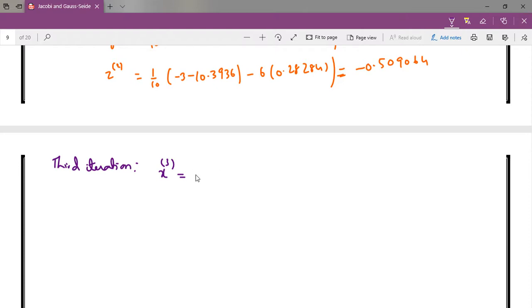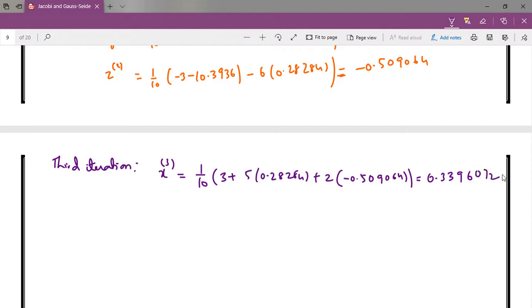That is, third iteration, 1 by 10 into 3 plus 5 into 0.28284 plus 2 into minus 0.509064. So this gives you 0.3396072. Okay.